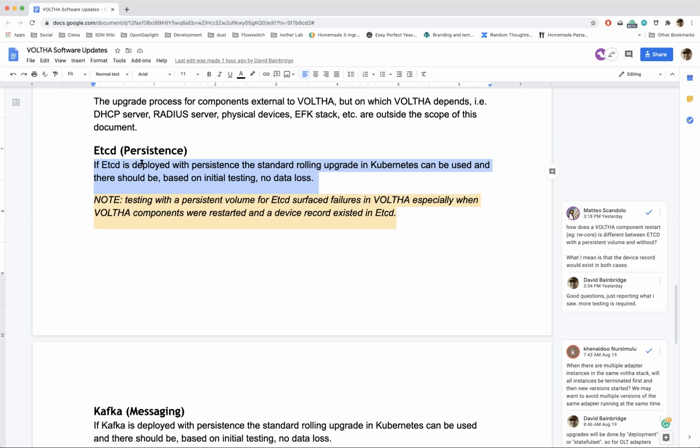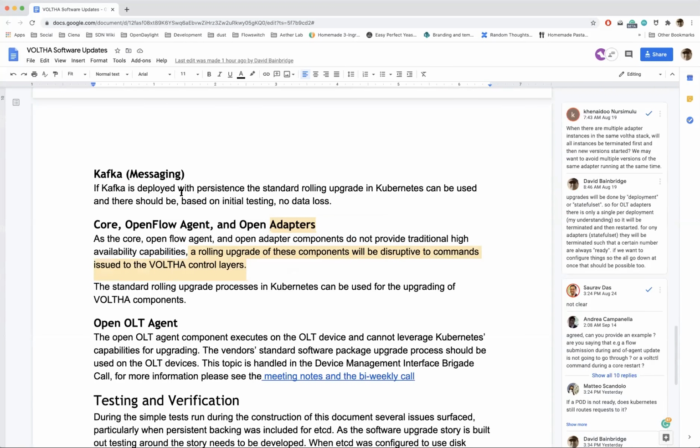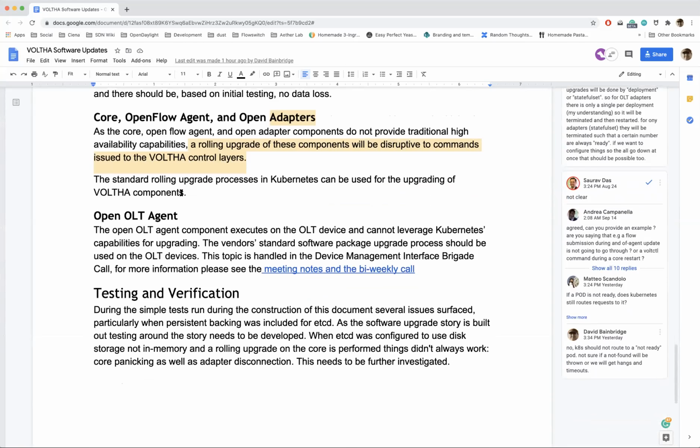Any other questions so far? All right. The OpenVOLTHA agent, i.e. the bit of software that's on the box itself, the recommendation, I know there's already some work through the device management interface to deal with the upgrades there.